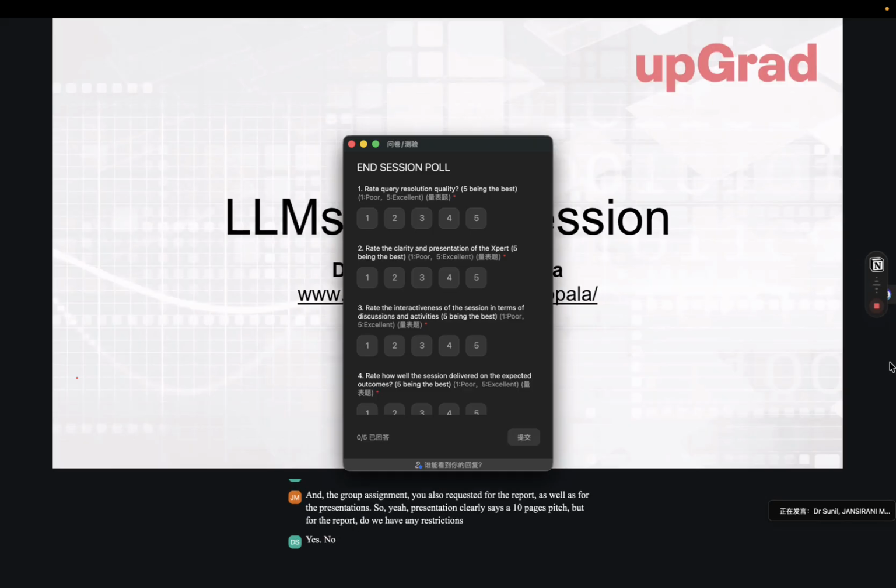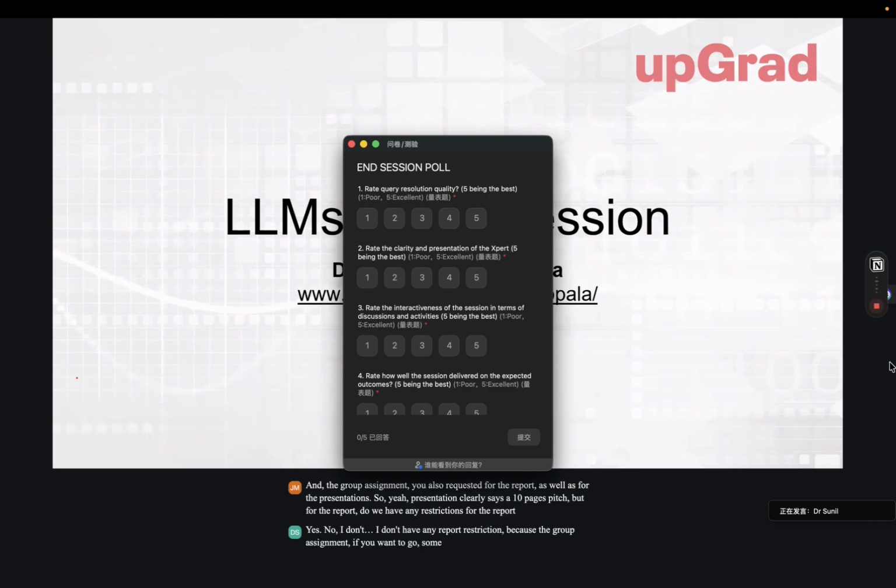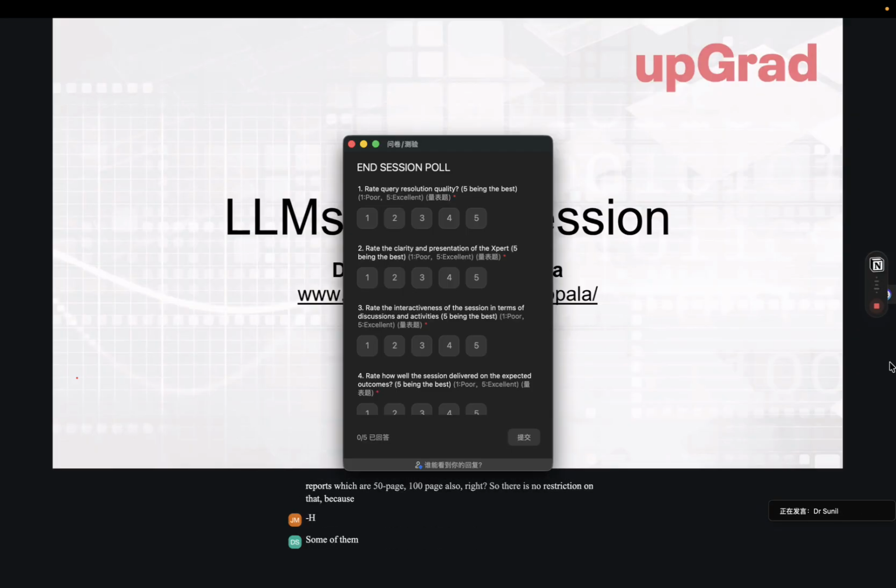I don't have any report restriction. For the group assignment, I have seen some reports which are 50 pages, 100 pages also. Some of them really utilize the 1 month of time which is available. For some of them, it may be a starting point for their thesis.